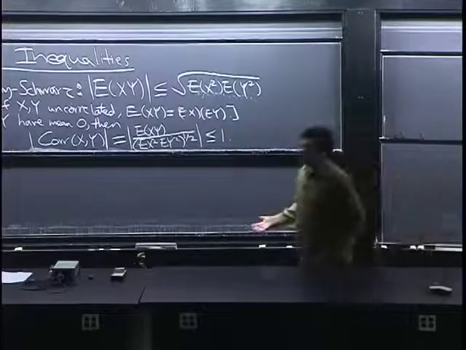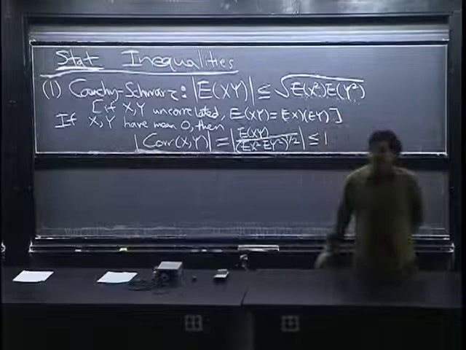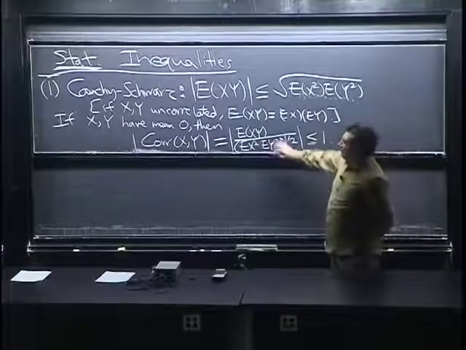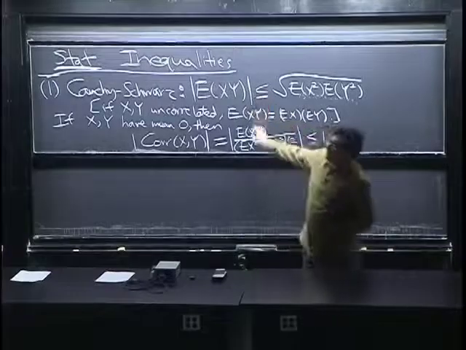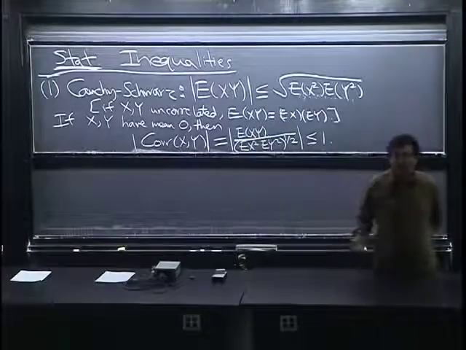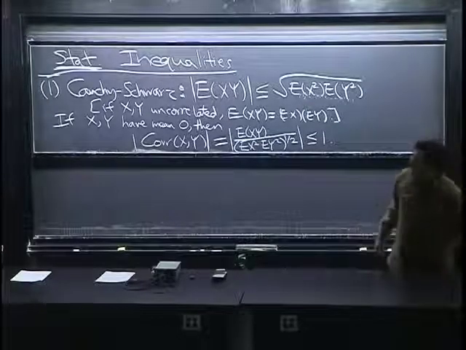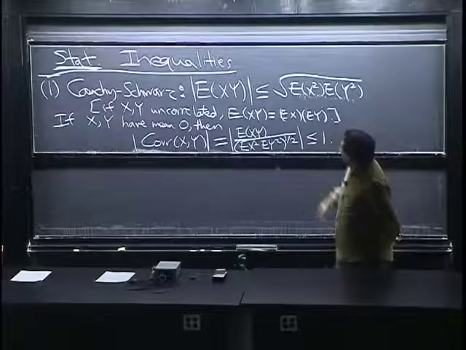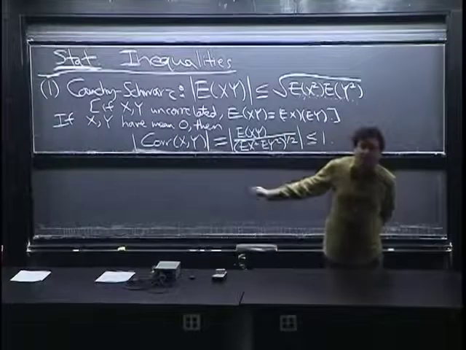So in statistics, Cauchy-Schwarz means that correlation is between -1 and 1. So I'm not going to go through a different proof of this because we already proved this fact. And this is just a small extension that says this is still true even if they don't have mean 0, and that's just a fact from linear algebra. This is a very nice interpretation for our purposes.